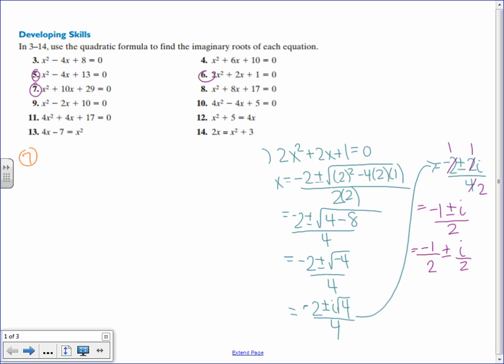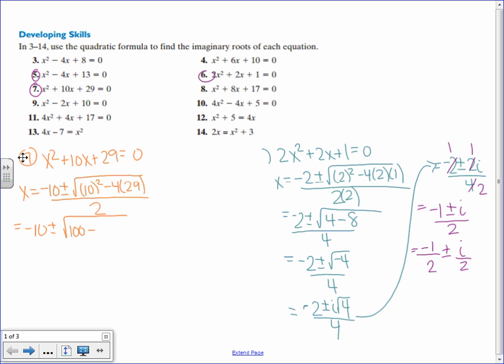So 7, we've got x squared plus 10x plus 29 equals 0. So x equals negative b plus or minus the square root of b squared minus 4, a is 1, c, all over 2a. 10 squared is 100. 4 times 29 is 116.